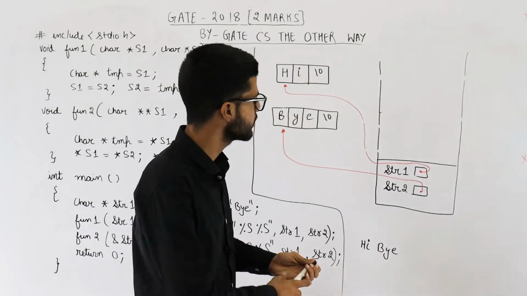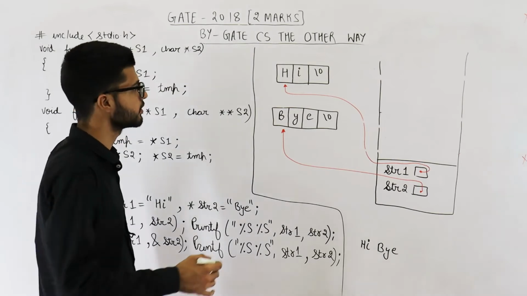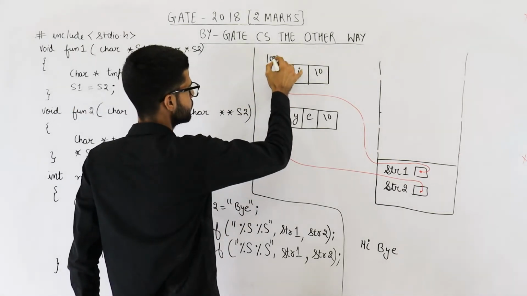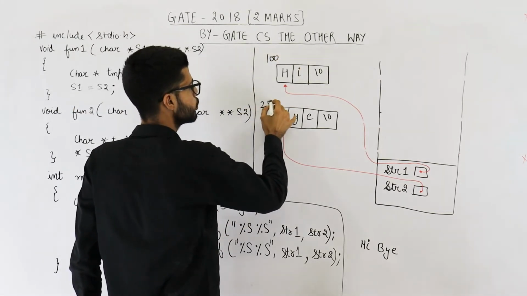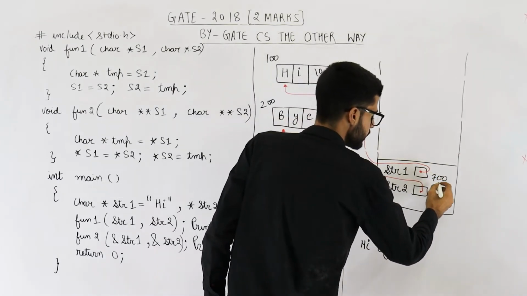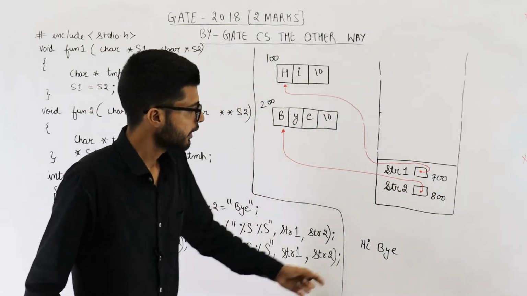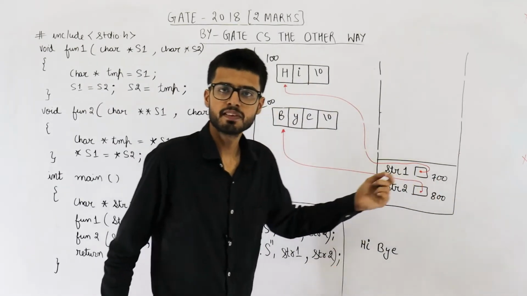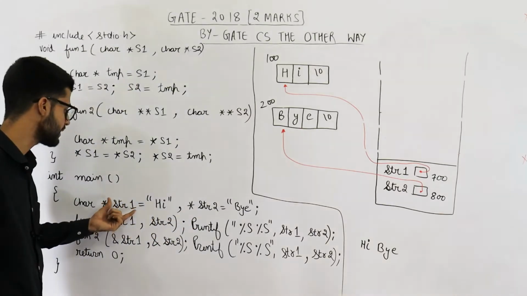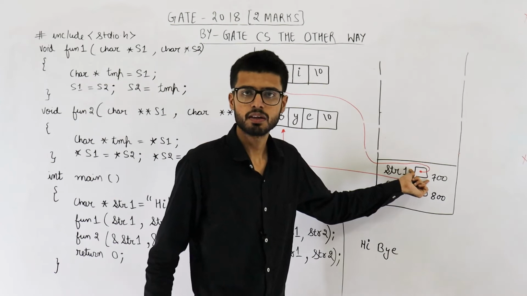See, let us just analyze with some numbers. Suppose this address is address number 100. This address is address number 200. This is suppose 700. And this is 800. Okay. At address 700, you have declared a variable called str1. It is a pointer.